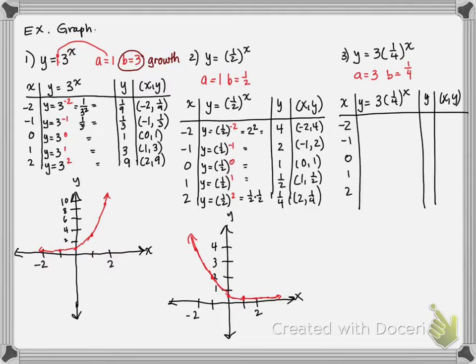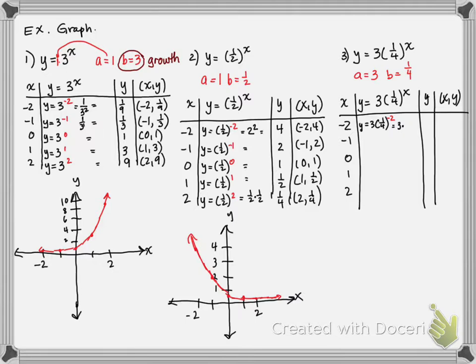Okay, so we're going to get y equals 3 times 1/4 raised to the negative second power. So what that says is we're going to take the reciprocal of 1/4, which is 4, and we're going to square it. However, remember this, there's a 3 there.